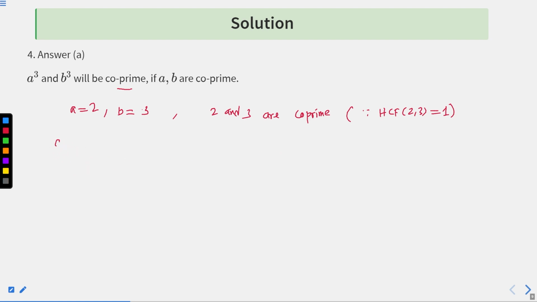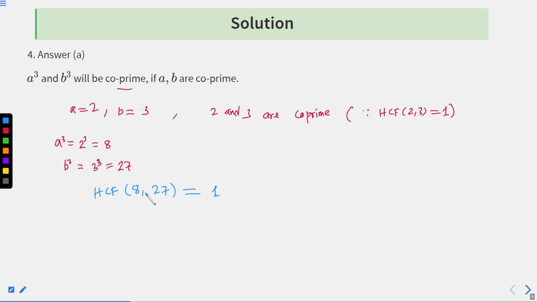Now A cube is equal to 2 cube, which is 8, and B cube is equal to 3 cube, which is 27. If we find the HCF of 8 and 27, it is equal to 1. So 8 and 27 are also co-prime numbers.